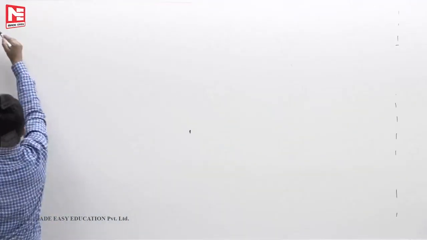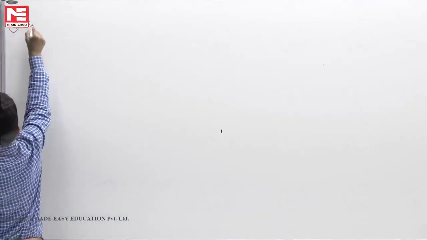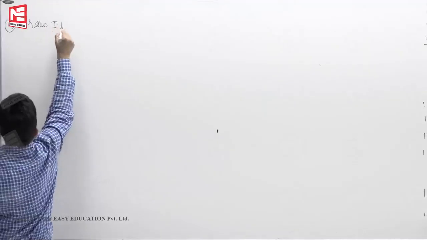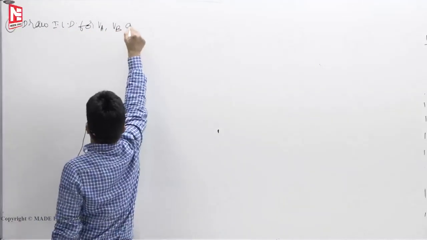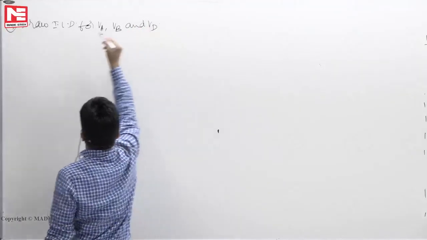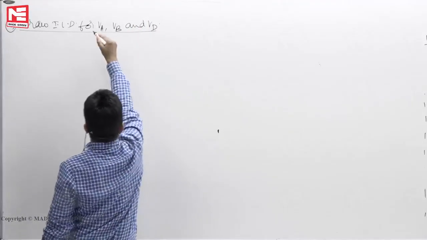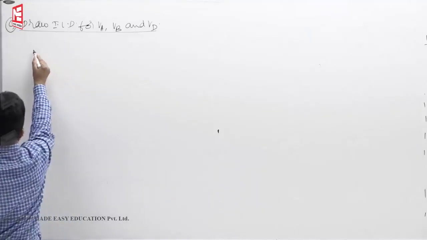Now let us see how the questions come. Draw the ILD for VA, VB and VD. In the exam, any one they will ask.